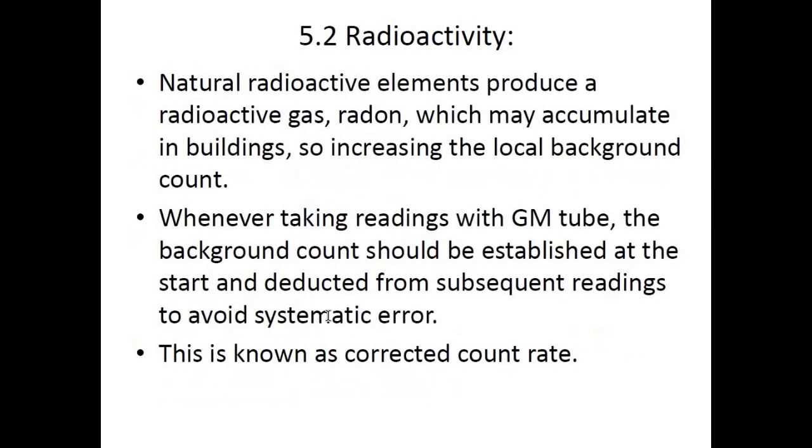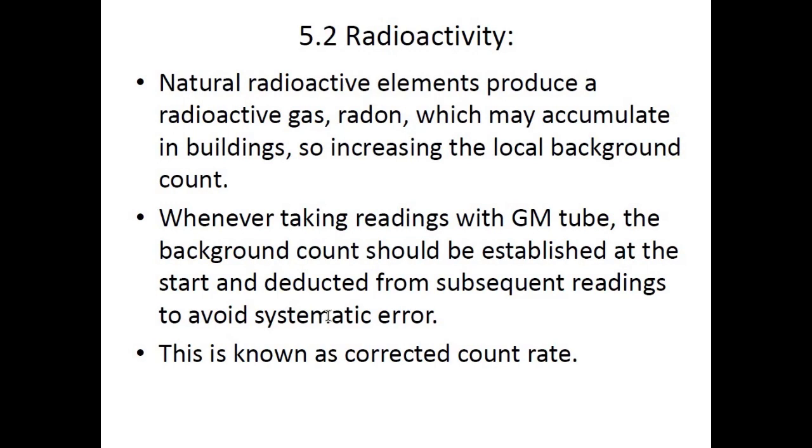Then we have a lot of natural radioactive elements such as radioactive gas radon, which may accumulate in buildings, so increasing the local background count. Even your concrete and cement buildings, weapons testing, and these type of things also accumulate towards background count.